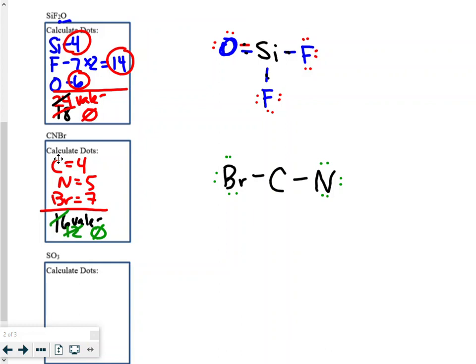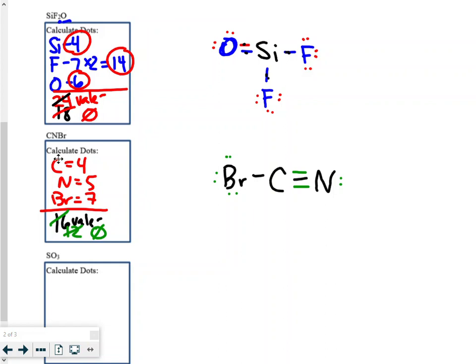What did it say about nitrogen? Nitrogen could form up to 3 bonds. So nitrogen can do more bonding, so let's pull from nitrogen. Take one off, and we go ahead and double bond it. Does that satisfy carbon? No. So in this case, we have to pull one more off and draw in a triple bond.